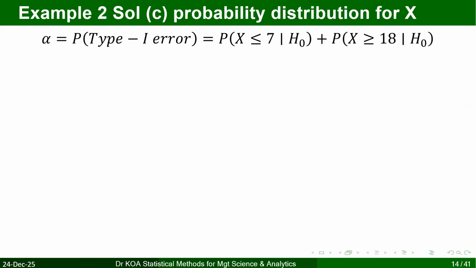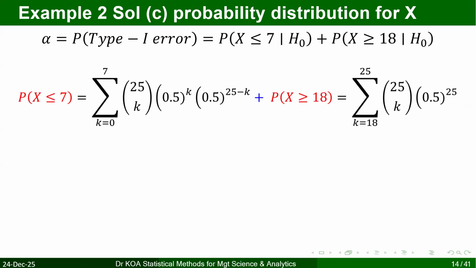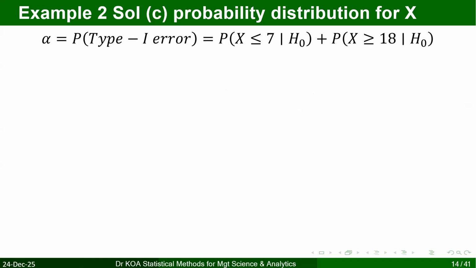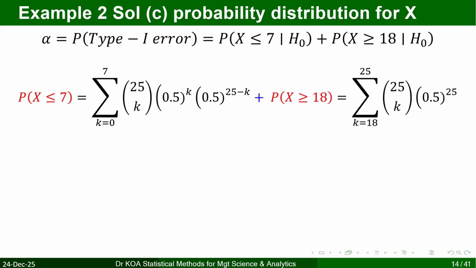So this is how you do it. You find for 0, find for 1, find for 2, and 3, all the way to 7. And then from 18, this one you do from 18 to what? No, remember the sample? 25. So you have to calculate from 18 to 25. So if you do that, you're going to get this.